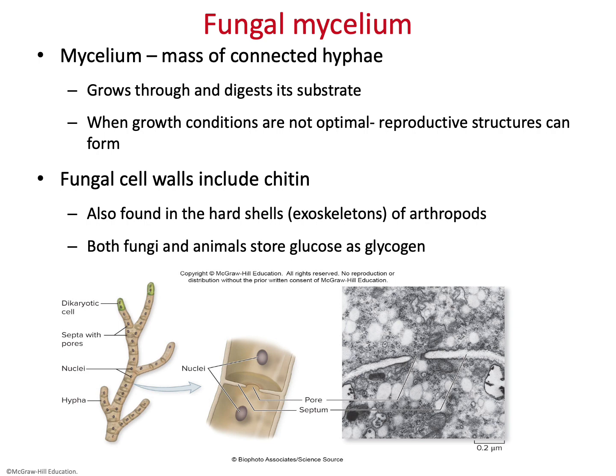And like I mentioned, fungi can produce reproductive structures when conditions are not optimal, and they produce spores. These spores are very resilient. They can survive high heat and low nutrition, and they can go and start a new mushroom somewhere else.